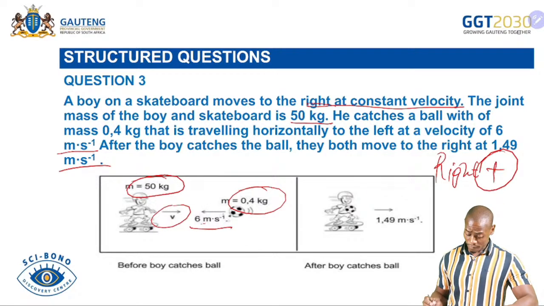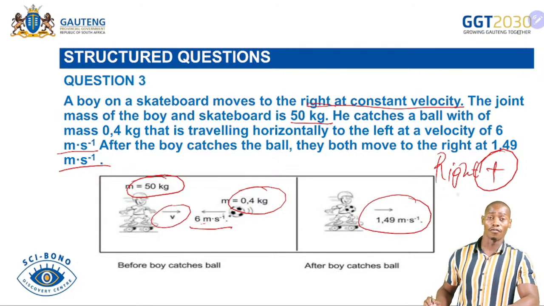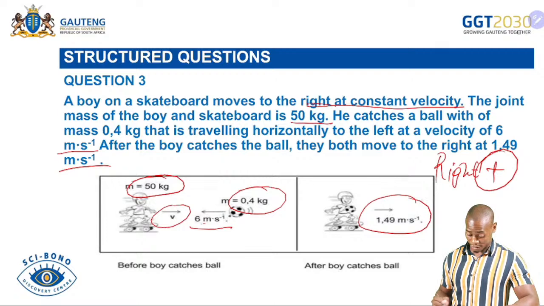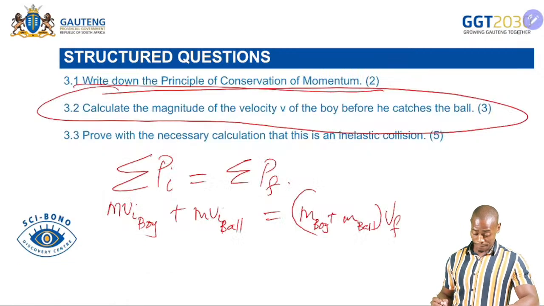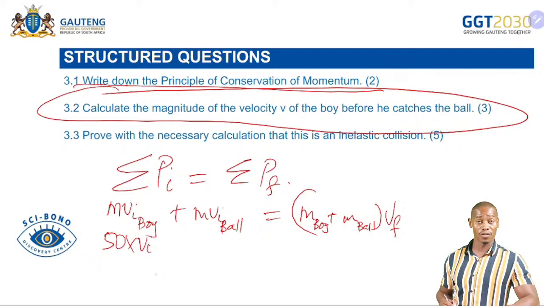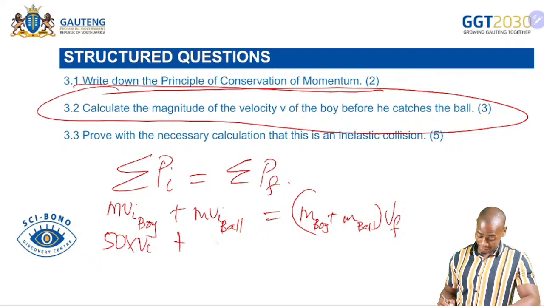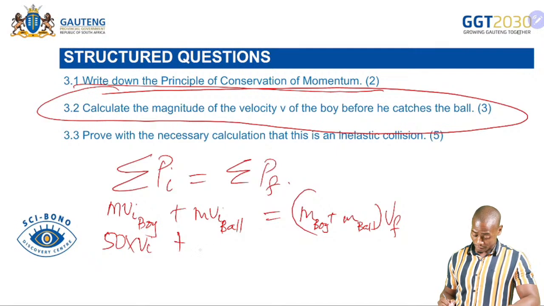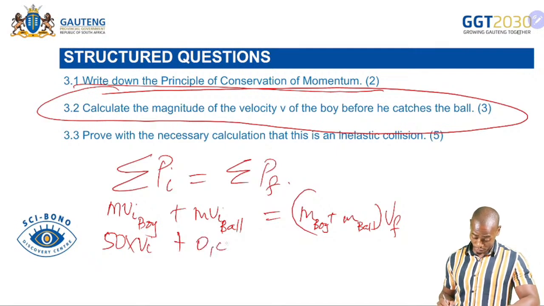Then after the collision, or after the boy catches the ball, the velocity is 1.49 meters per second. In which direction? To the right, okay? So we are having 50 here multiplied by the initial velocity of the boy, which is what we are looking for, plus the mass of the ball, which is 0.4 multiplied by negative 0.6.